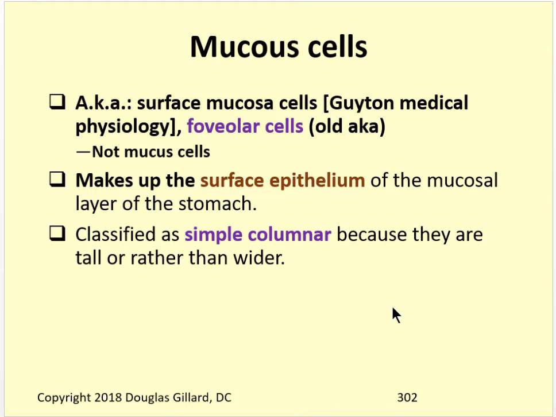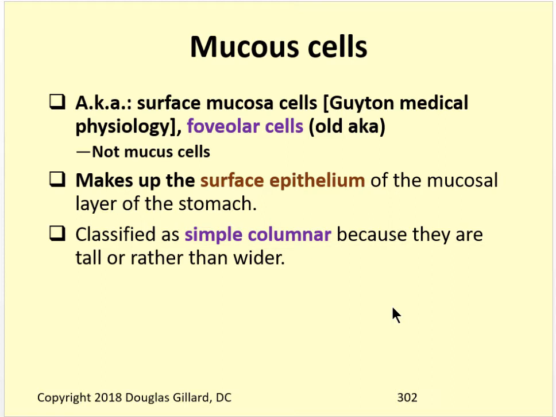So mucosal cells, as we talked about, are also known as surface mucosal cells. Another old name is foveolar cells. Foveolar cells. Again, not mucus cells. Mucous cells secrete mucus and make up the surface epithelium of the luminal surface of the stomach.